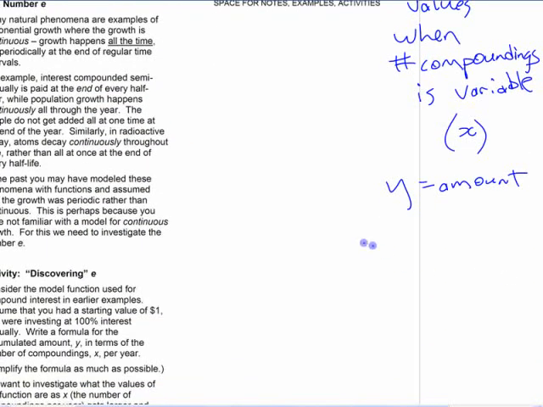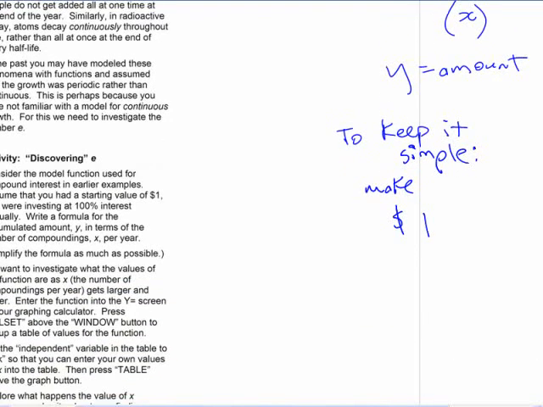So let's say, to keep it simple, when you're investigating this e thing here, we are going to start with, you're going to make the starting amount how much money? $1. Because timesing by 1 doesn't change anything, right? $1 for 1 year at 100% interest.